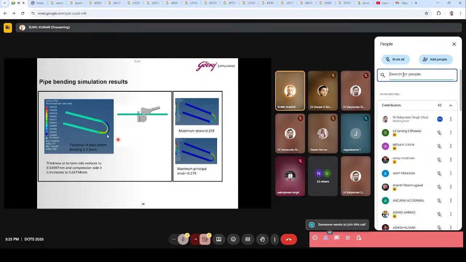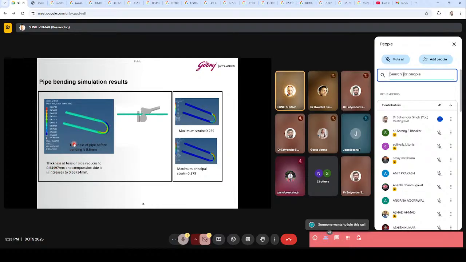So this is the final result. What is the impact? On the tension side, the thickness gets reduced to 0.6 mm, and then further to 0.54, and on the inner side it gets increased because it gets squeezed. So that is the impact during bending of the pipe.